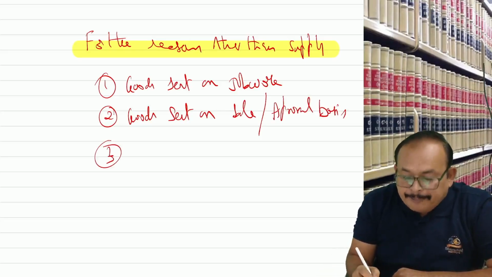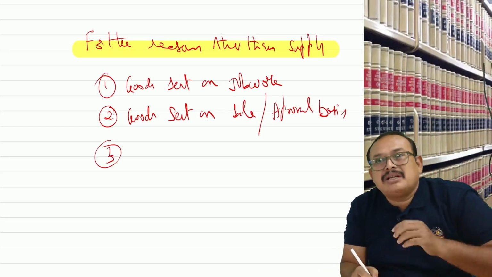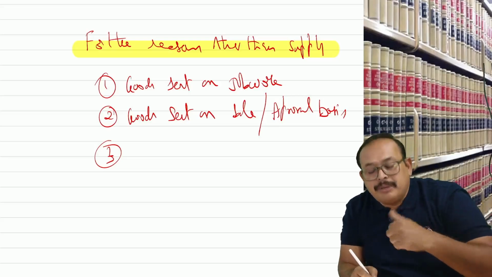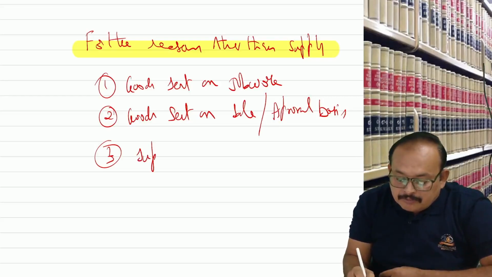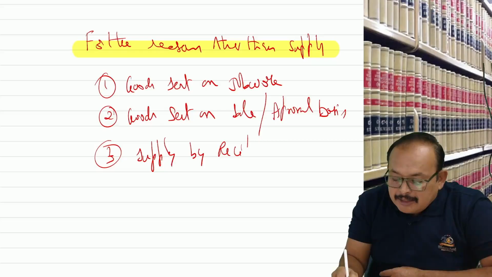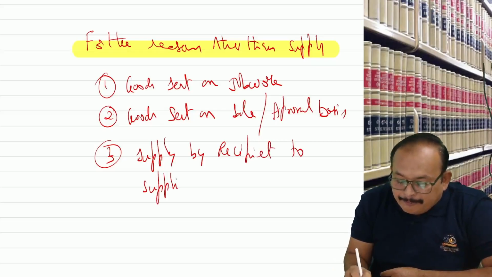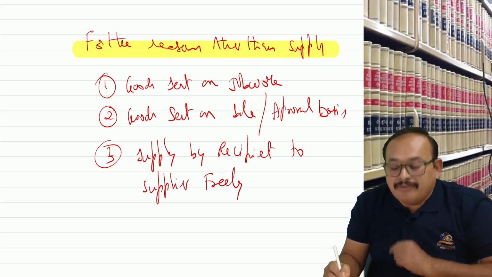Three, supply by recipient to supplier freely. What?